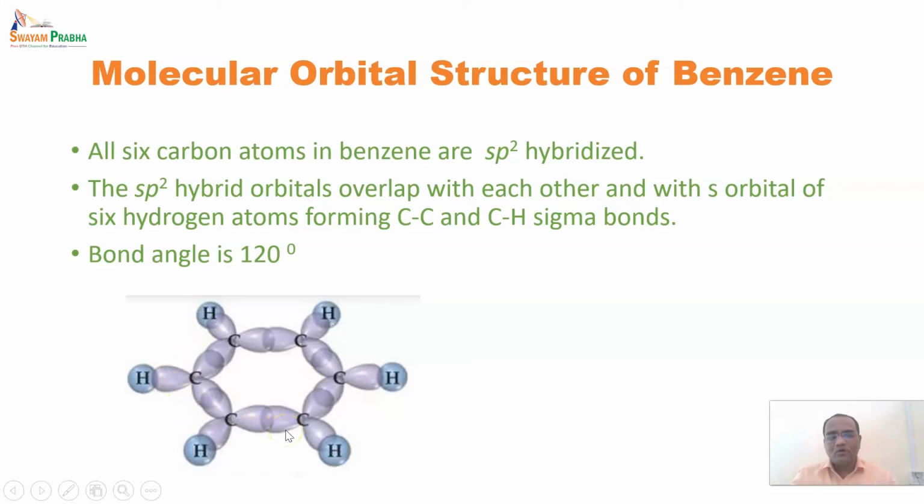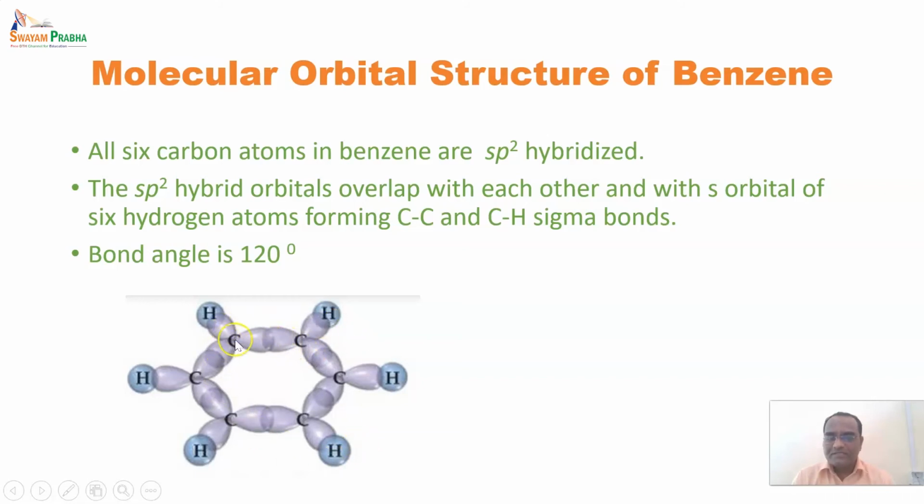So what do sigma bonds mean? When it is an s-s overlap, or an s-p overlap, such bonds are said to be sigma bonds. And when it comes to a p-p overlap, it becomes a pi bond. We'll see further what that pi bond is in the case of benzene.